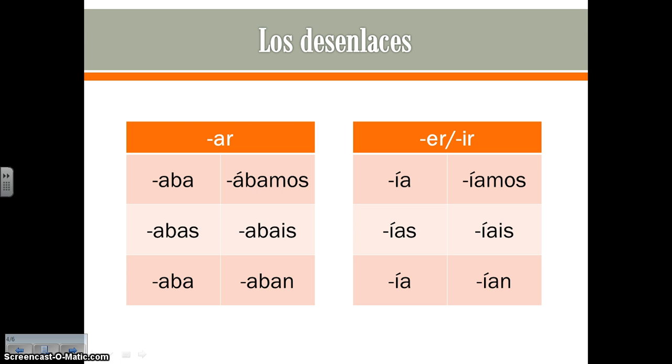Our yo form and our él, ella, and usted form are the same. And our nosotros form has an accent on the A. With our ER and IR verbs, notice that all of our conjugations have accents. Also, our yo form and our él, ella, and usted form have the same conjugation. And there you go.